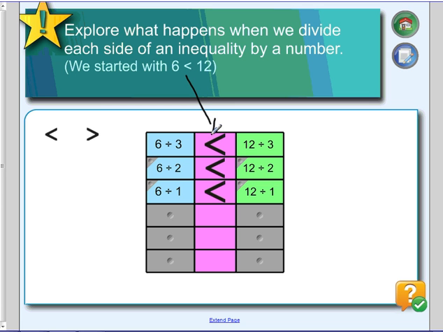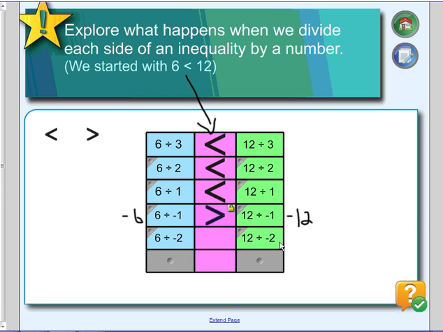Now, if we keep going down, when we start getting into the negative numbers, we have 6 divided by negative 1 and 12 divided by negative 1. Well, 12 divided by negative 1 is negative 12, and 6 divided by negative 1 is negative 6. All of a sudden, this side is bigger, because negative 6 is greater than negative 12 because it's less negative.